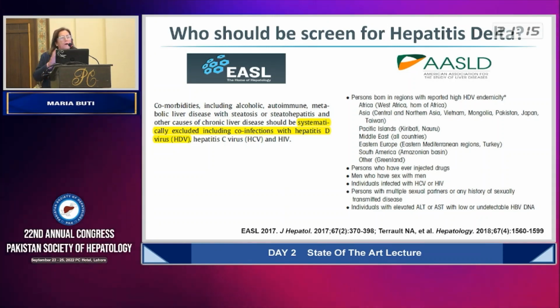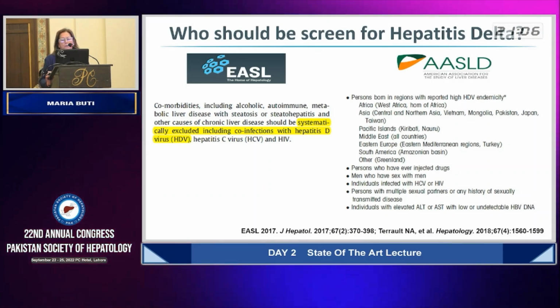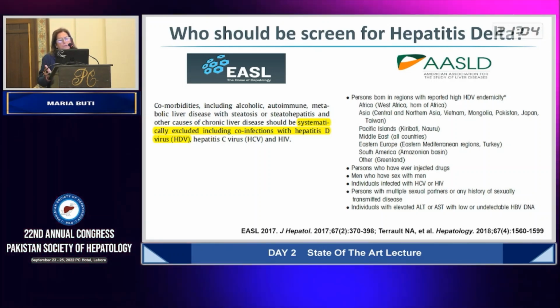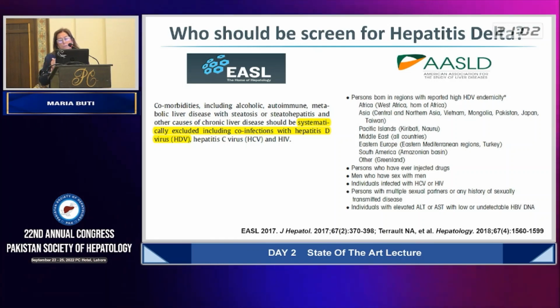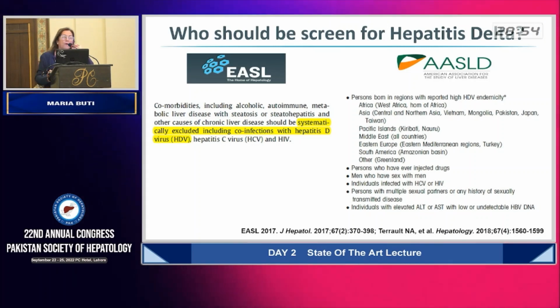If you look at AASLD guidelines, then it's completely different, only screening for risk factors, and also individuals with elevated ALT and AST with low or undetectable HBV DNA.